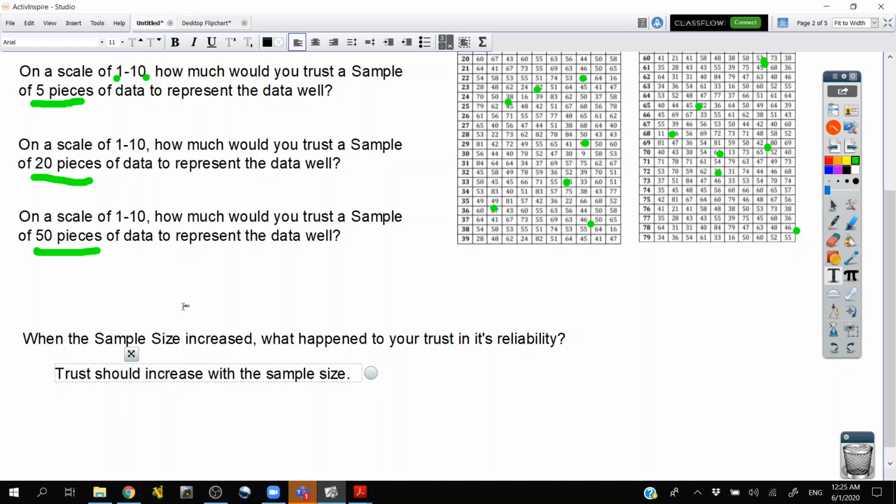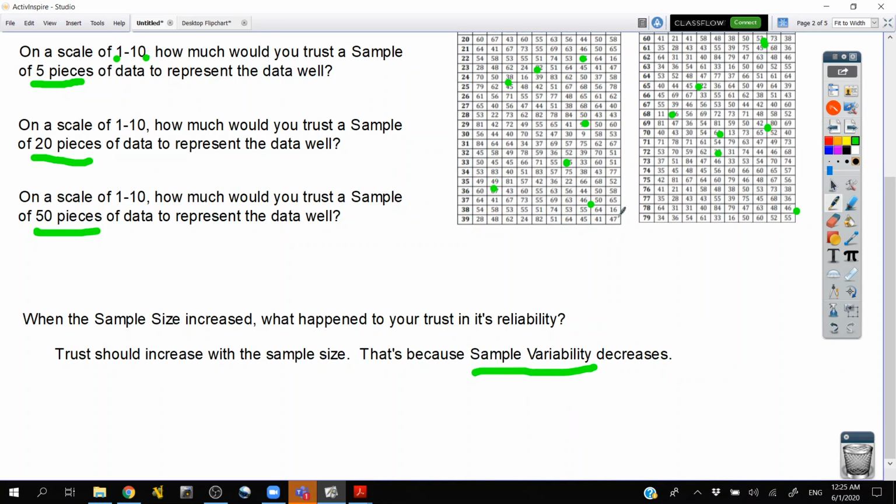On top of that, there's an important word that goes with this. That's because sample variability decreases. The idea of sample variability is if we only chose 5 data points up here, maybe I could choose the 5 data points that are like 9 and 16 and 22 and 23 and 24, and I just end up choosing 5 pieces of data that are all really low.